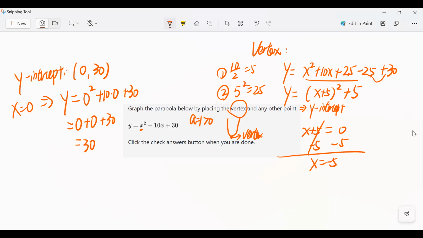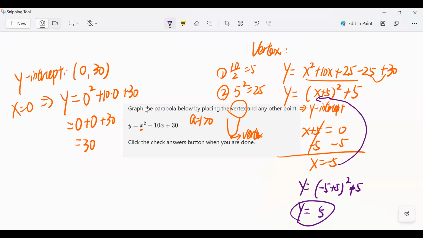Now replace x with negative 5, right, in the original equation. So y equals negative 5 plus 5 squared plus 5. And that is 0 squared plus 5, that's 5. So the vertex in this case is going to be (negative 5, 5).